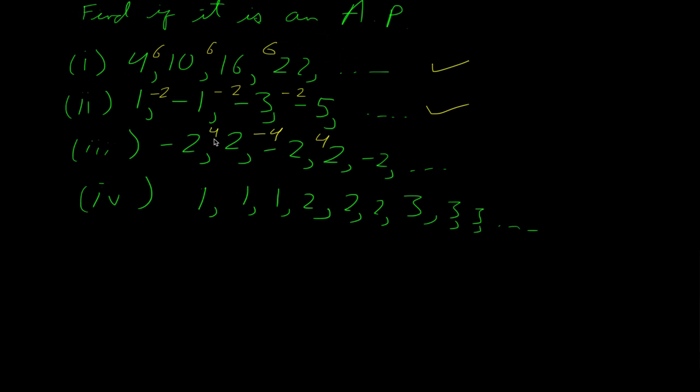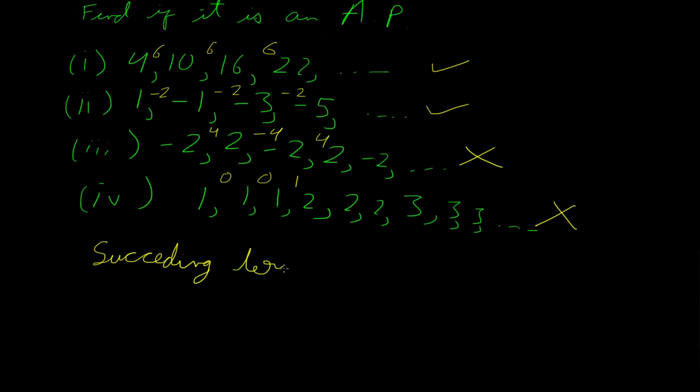So the difference is changing: here we have 4, here we have -4, here we have 4 again. So this is not an AP. Whereas here we have 0, 1 minus 0 is 1, 2 minus 1 is 1, but the difference is changing elsewhere. So this is again not an AP.